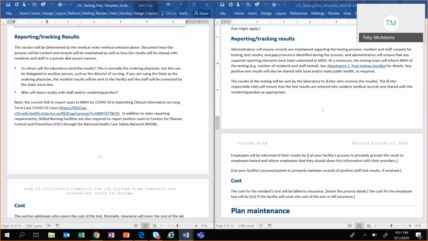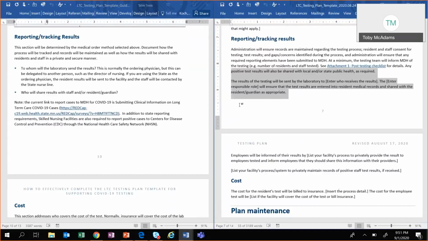So once you've identified who will receive it, then identify how it will be received. And that's all here in this section. I'm just walking through what this section is asking you to consider. So how will you receive this information? Will it be via a phone call? Will it be an email? Will it be a letter? How will that be received?